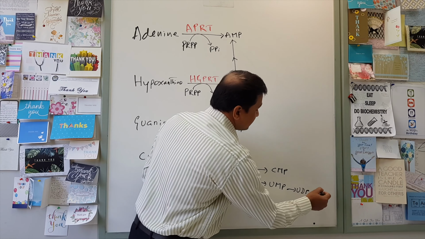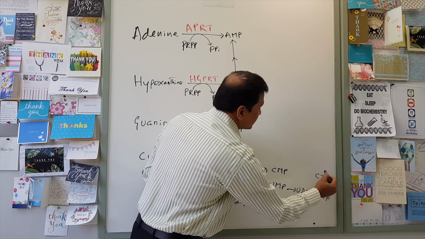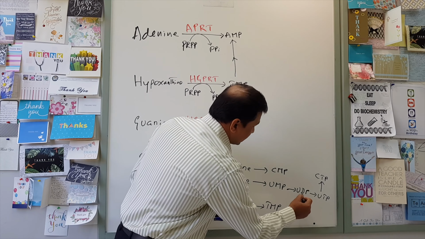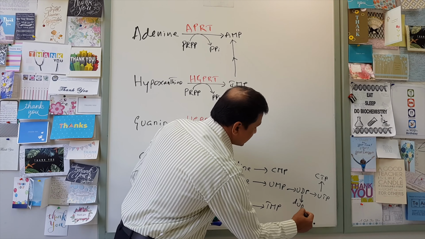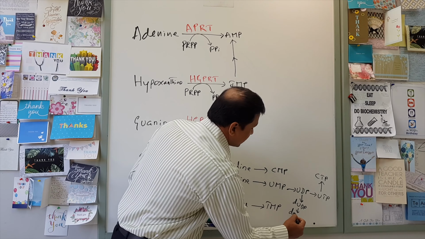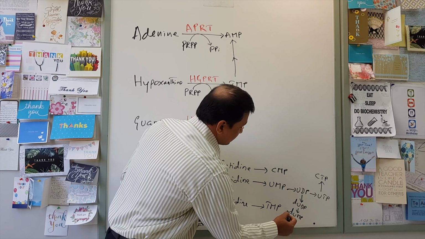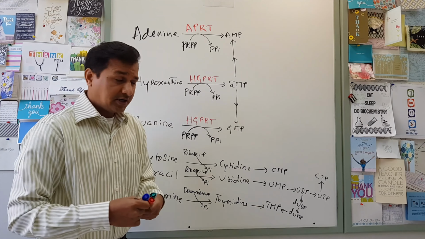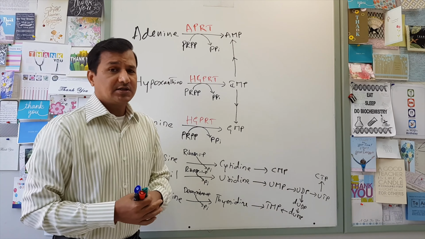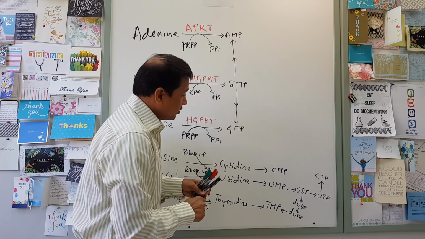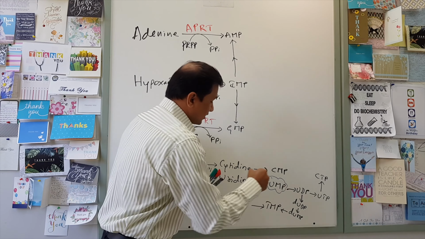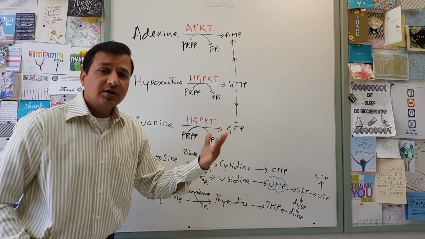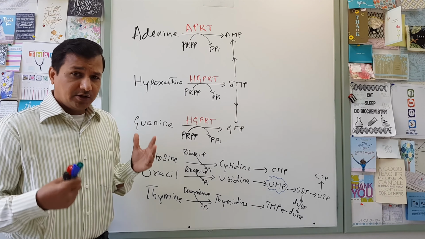Uridine triphosphate can be converted into cytidine triphosphate, and uridine diphosphate can be converted to deoxyuridine diphosphate, which is further converted into deoxyuridine monophosphate, and then into deoxythymidine monophosphate. All that I have explained in the pyrimidine biosynthesis video. That means uridine monophosphate formation is the most important, because uridine monophosphate can give rise to other pyrimidine nucleotides.